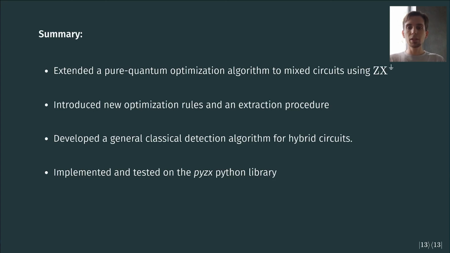We also included a classicalization algorithm that detects parts of a hybrid circuit that can be realized classically. We finally implemented all these algorithms in the PyZX Python library, where we were able to test and benchmark the results. So, thank you very much.